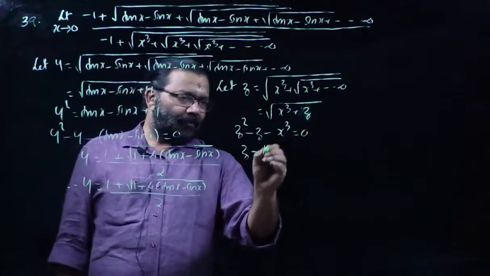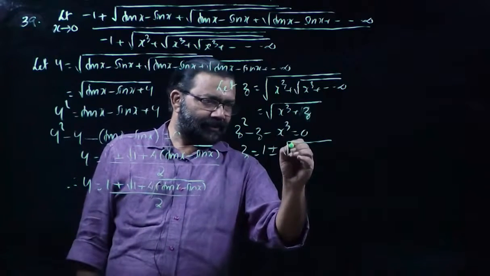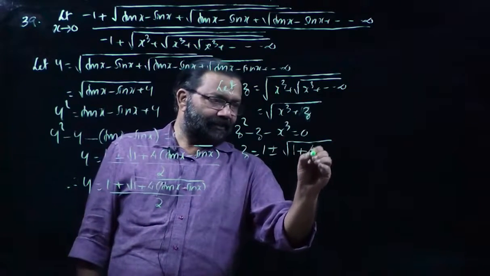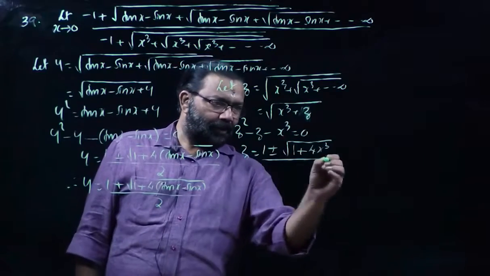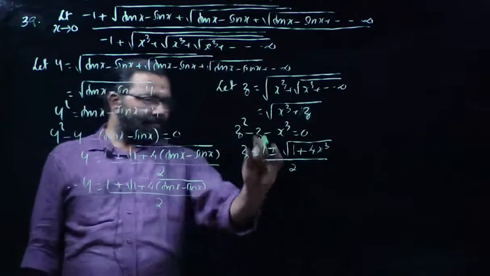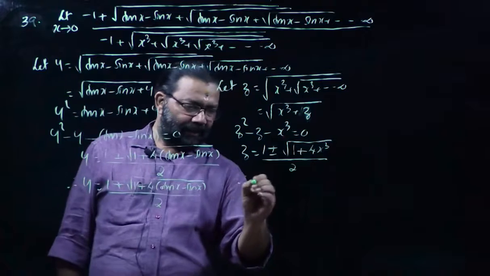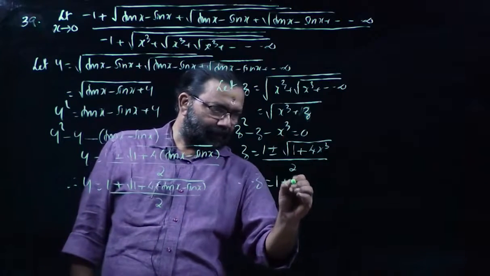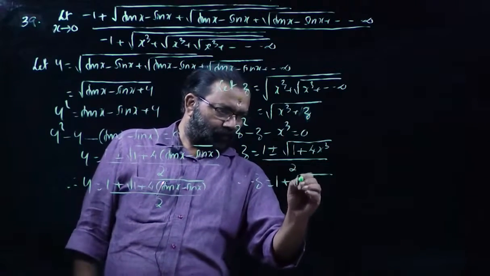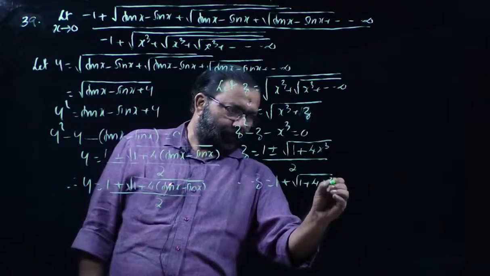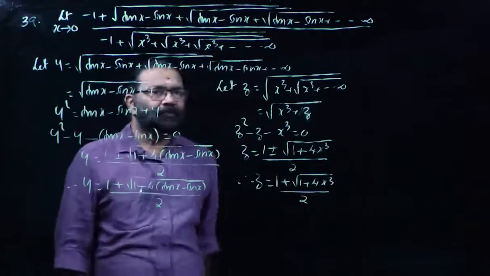So z equal to 1 plus or minus root of b square is 1, 4ac is 4x cube, divided by 2a is 2. Again for the same reason we can remove negative, therefore z equal to 1 plus root of 1 plus 4x cube, by 2.